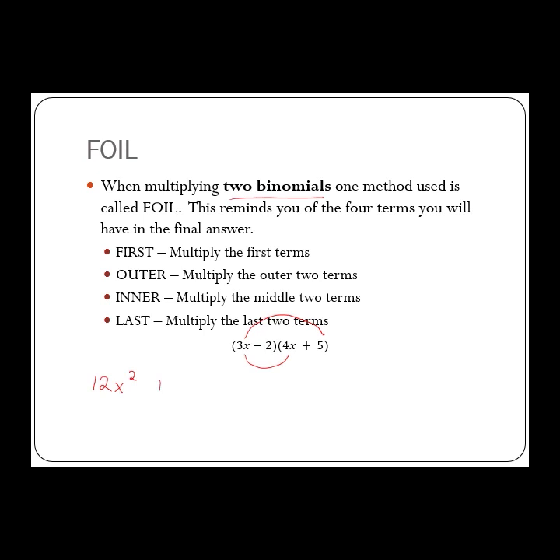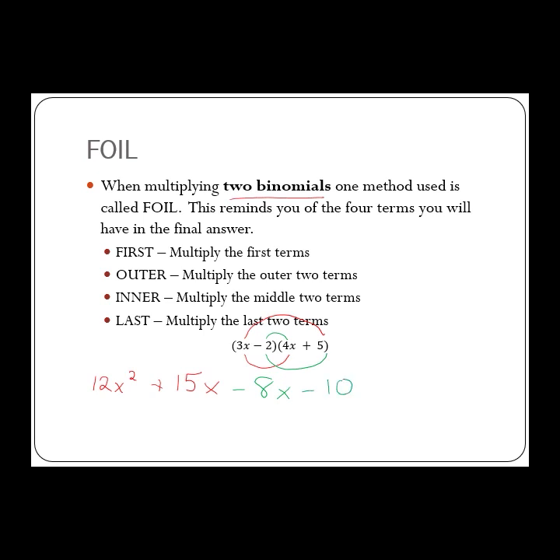3 times 5 is 15, and then there's just 1 x. The inner term is these 2 in the inside. -2 times 4 is -8x. And then the last is the last term in each expression. -2 times 5 is -10.